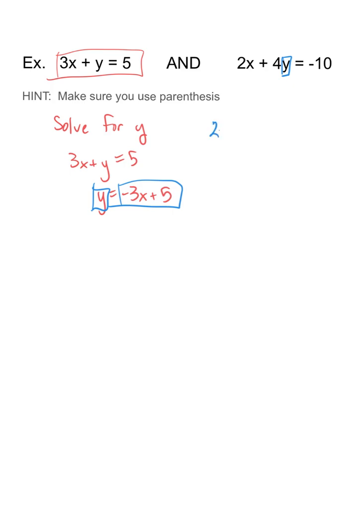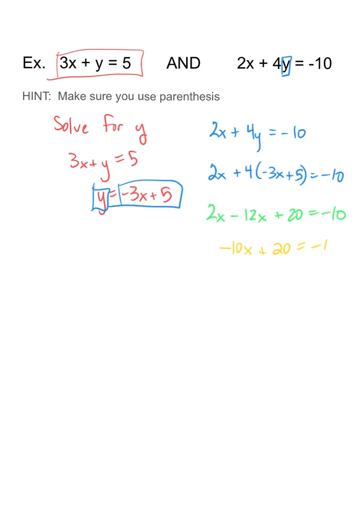So here I've got 2x plus 4y is equal to -10. So 2x plus 4 times (-3x plus 5) is equal to -10, thus the need for parentheses. So 2x minus 12x plus 20 is equal to -10. Then I've got -10x plus 20 equals -10. -10x is equal to -30. x equals 3.